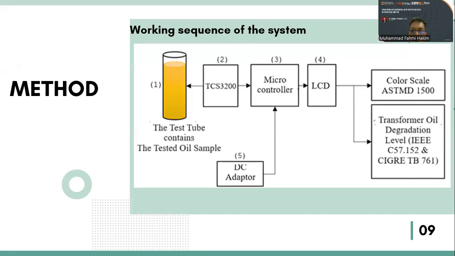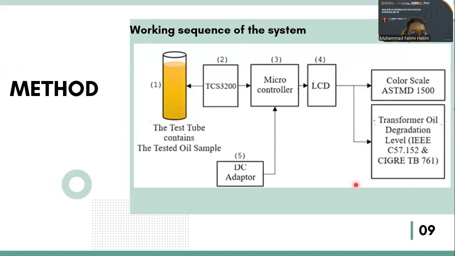After the data is processed by the microcontroller, the data is sent to the output pin of the microcontroller, which connects to the output device in this tool, that is the LCD, to display the output in the form of the oil color scale and degradation level.